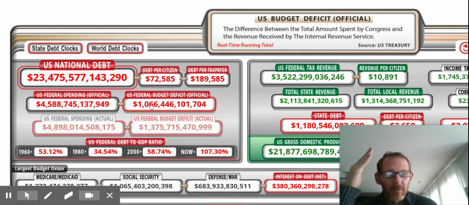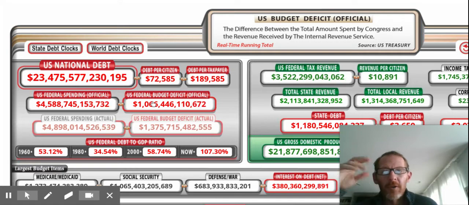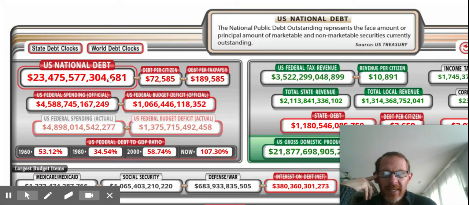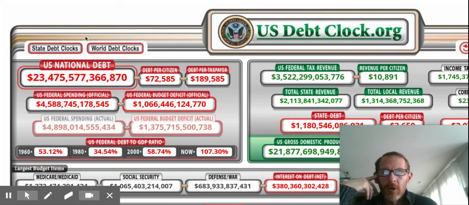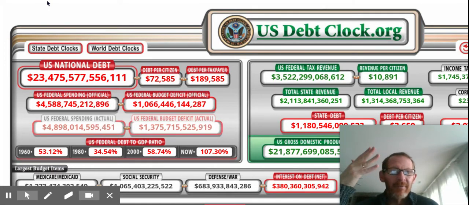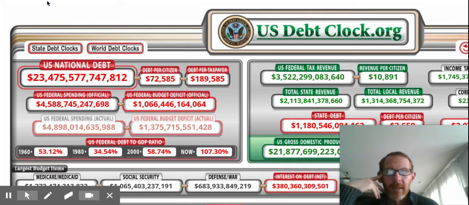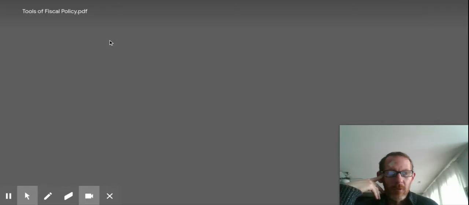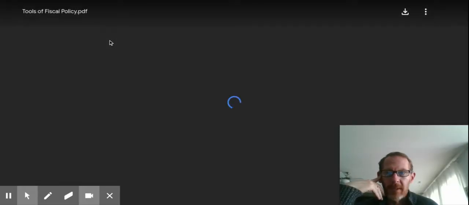One year is called a deficit, and all those deficits add to our debt. So when we have a deficit, our total debt goes up. If we have a surplus, and that usually happens with contractionary policy, then we move towards surplus.